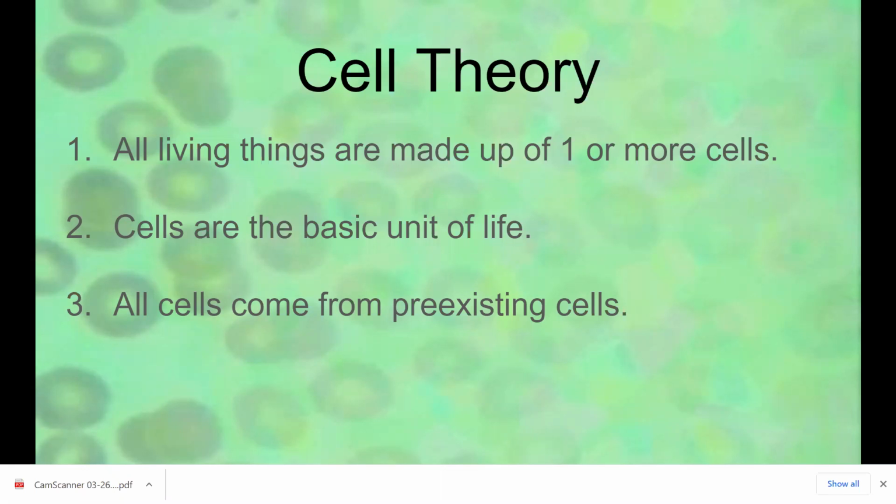If it's the first cell, obviously it didn't come from another cell. But there have been studies done about where cells came from, how cells evolved, what came before them. One experiment that you may have heard of, maybe not, but I first learned about it in middle school, is the Miller-Urey experiment.